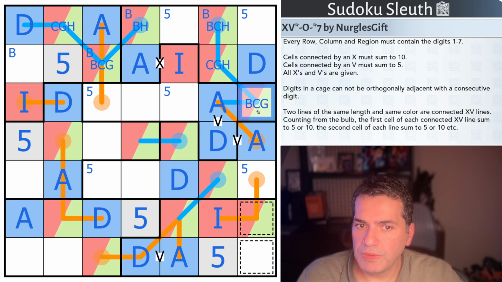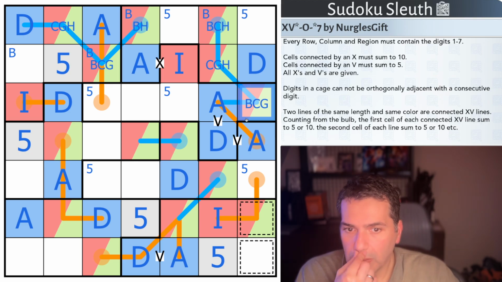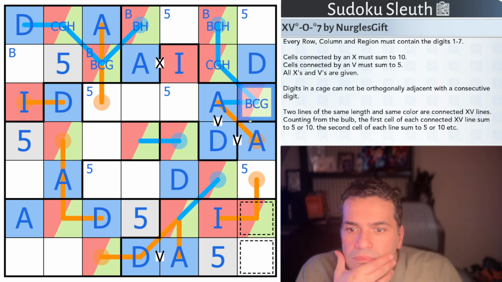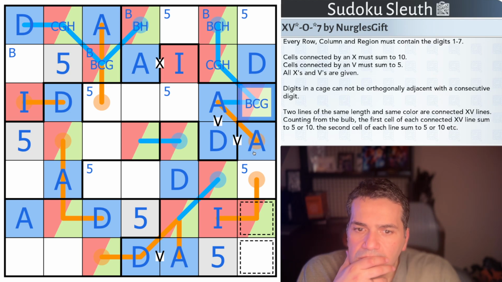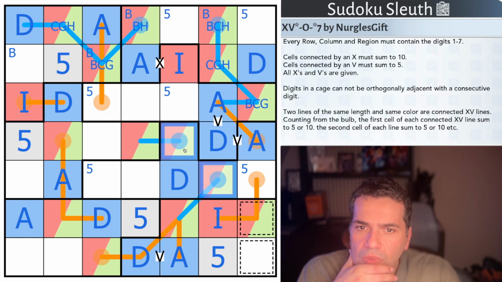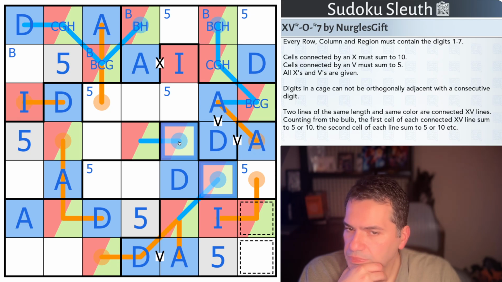C could go with B or G. H would go with B, G would go with C, so this is full. One of these is definitely low. Because that's the pairing.